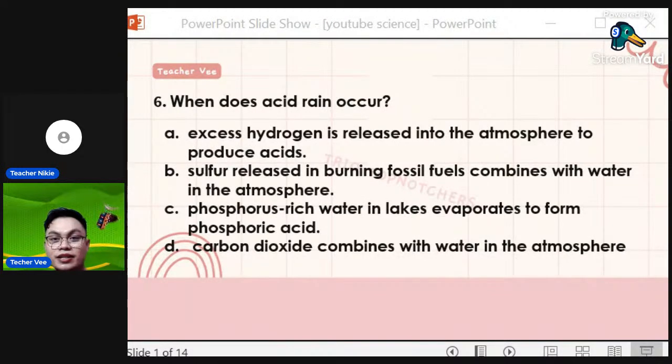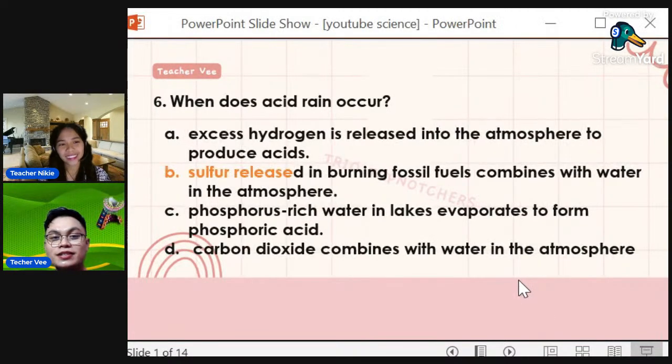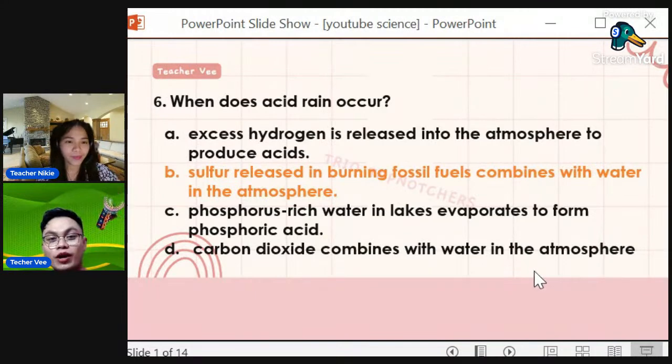Acid rain. Okay. So, tingnan natin if nakatumpak sila. Yung tamang sagot is perfect. That's letter B. Sulfur released in burning fossil fuels combines with water in the atmosphere.